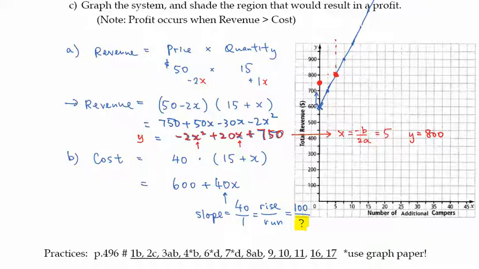And if this is the vertex, here is the axis of symmetry, giving us another point down there. We expect to have a parabola that goes approximately this way.